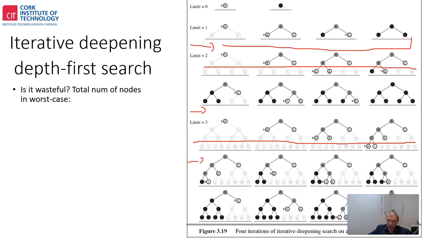In the iterative deepening search, the nodes at the bottom level are only generated once. Those in the next to bottom level are generated twice, and so on, up to the children of the root node.